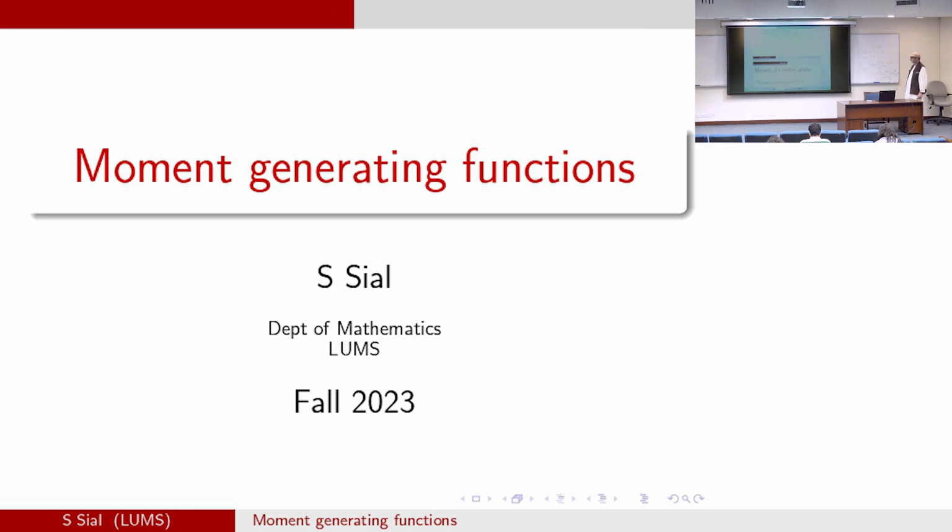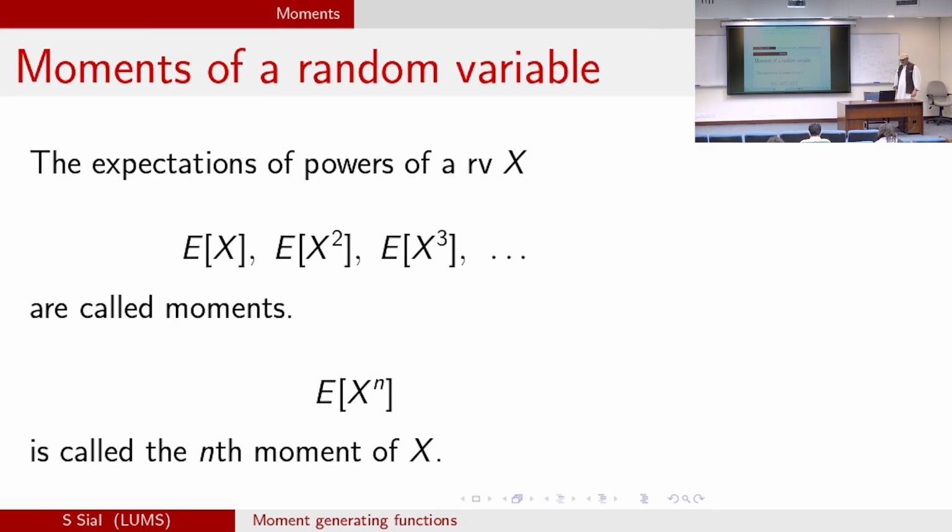The expectation of x to the n is the nth moment of x. We've already talked about the expectation of x, the first moment, and the expectation of x squared when we were talking about variances.